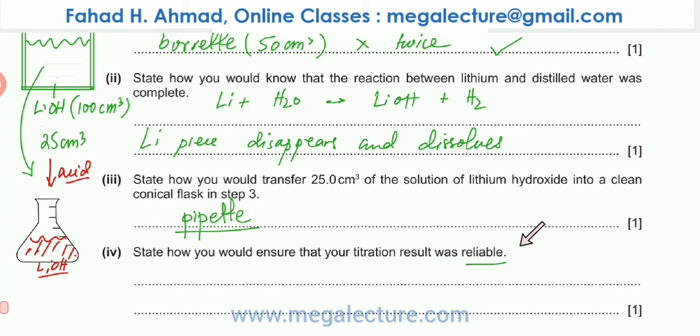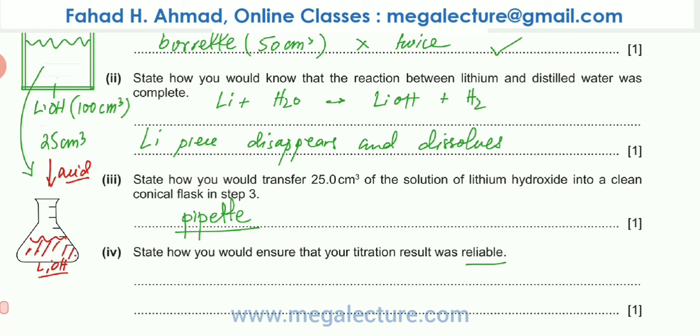Not accurate, but reliable, so that there is no mistake in your titration results. Now remember one thing: reliability is different from accuracy. Accuracy is how close you are to the true value. Reliability means, are your results repeatable?